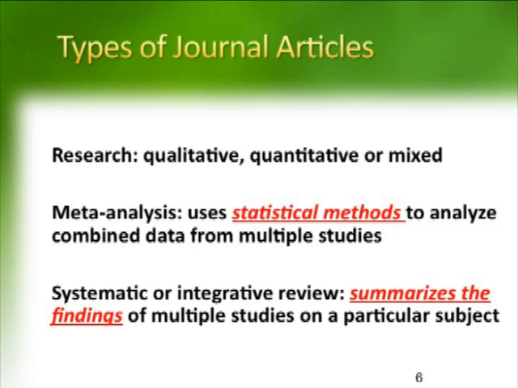Whereas a meta-analysis uses statistical methods to analyze combined data from multiple studies, which means it takes the data from selected experimental studies, combines all that data, and then does a statistical analysis of it. Whereas systematic or integrative reviews only summarize the findings from multiple studies on a particular subject.